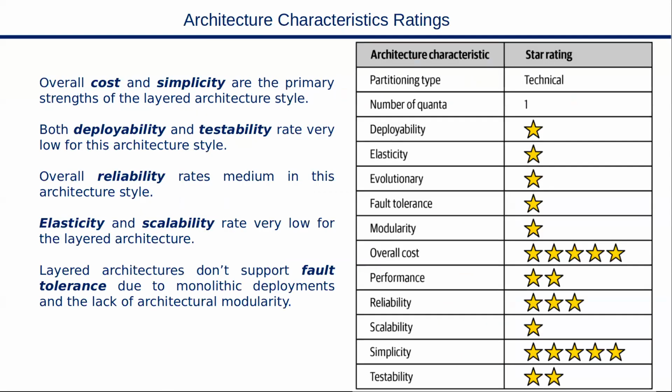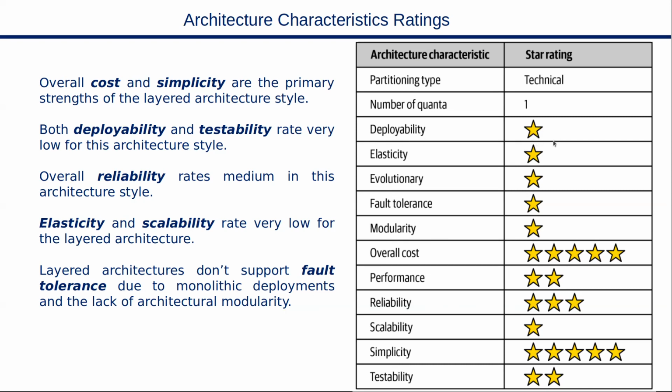Now let's see the conclusion or result of this architecture, based on the general architecture characteristic rating of this layered architecture, the rating for different architecture characteristics or quality attributes. If we take a look here, we can see, for example, deployability.